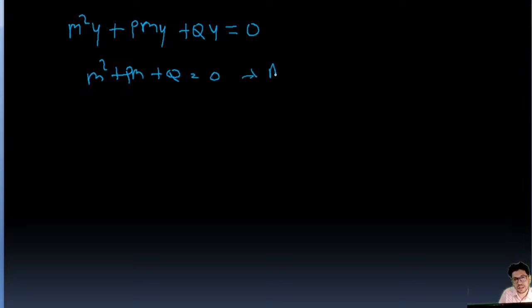This is called the auxiliary equation. From here we'll find the complementary function.